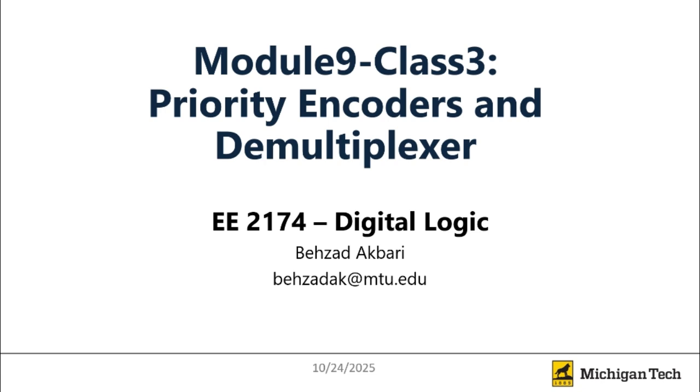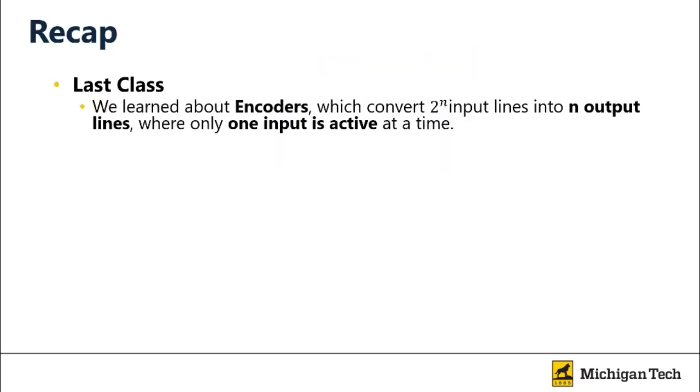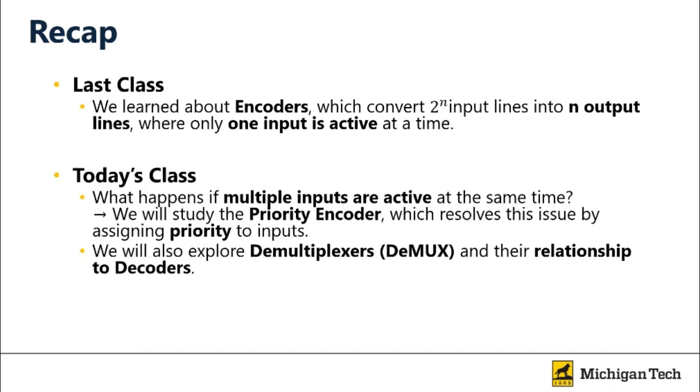From whatever happened in the past, you can make decisions based on that. That kind of system is an advanced system, the type of systems that computers are. Okay? So today we're going to talk about two remaining combinational logics.